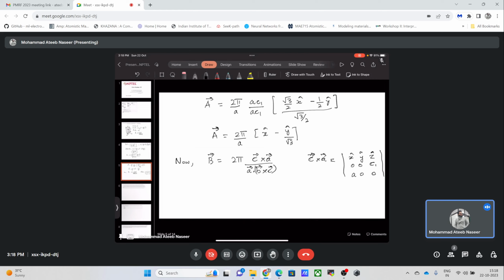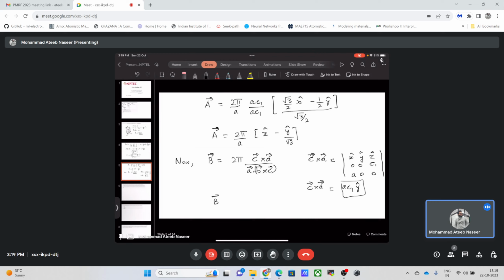So in the x component I will have 0, for y I will have a times c1 y hat, and for z again 0. So this is the component of c cross a, simple as it gets.